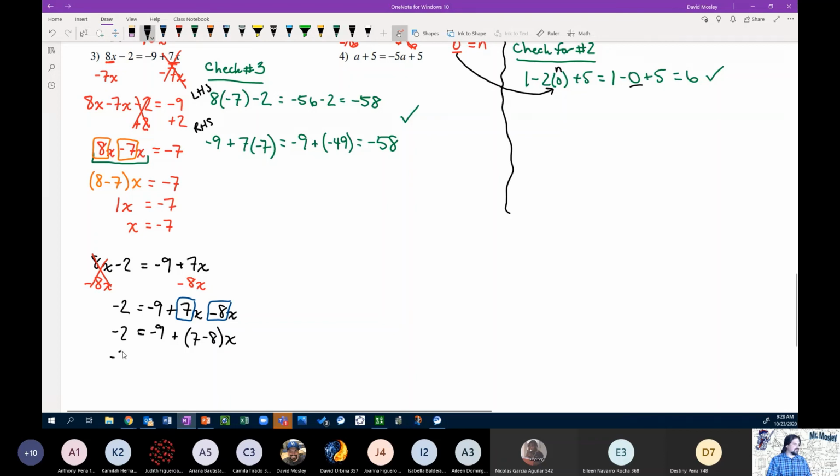Negative 2 equals negative 9. 7 minus 8 is negative 1, so we have plus negative 1x, essentially. We get negative 2 equals negative 9 minus x.